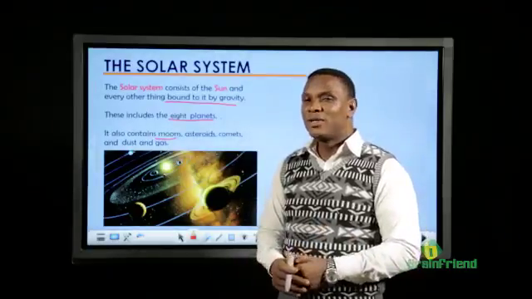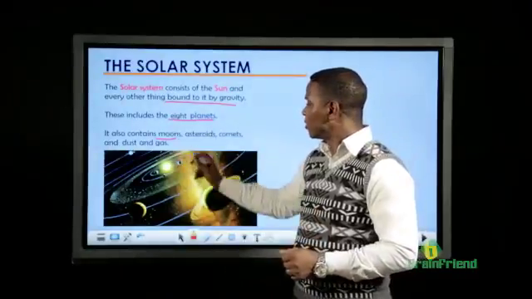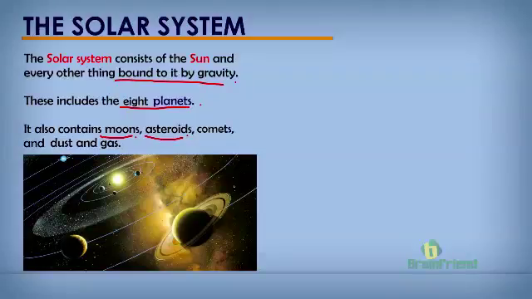Asteroids are bodies that are either rocky in nature or metals that also revolve around the sun. It also consists of comets, which are planetary bodies made of ice and dirt. When it gets close to the sun, some of the icy particles burn off, leaving a brilliant trail of light. Also, in the solar system, we have dust, planetary dust, and gases.